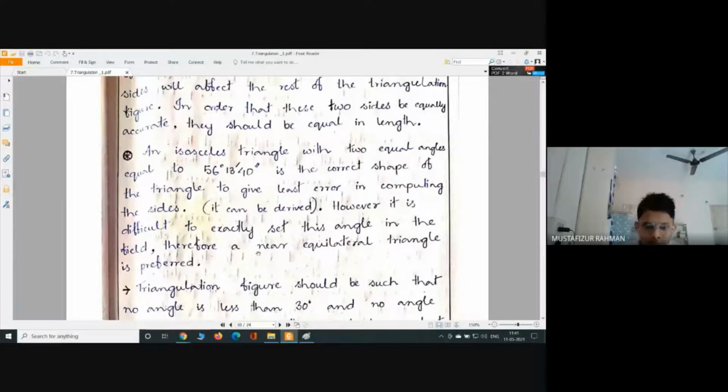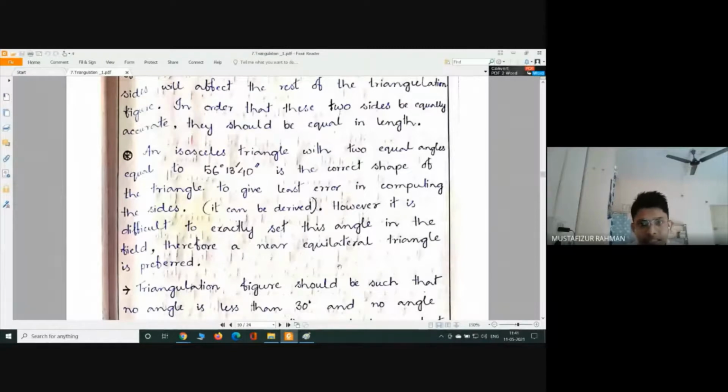Now, this is derived, derivation is there which we do not require. What is the best shape of triangles to give us correct values?